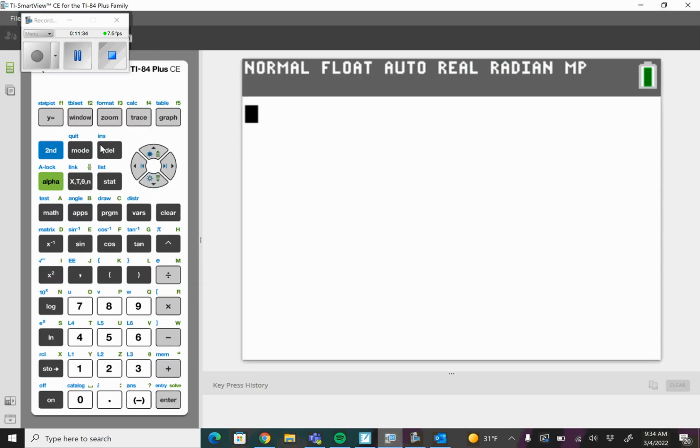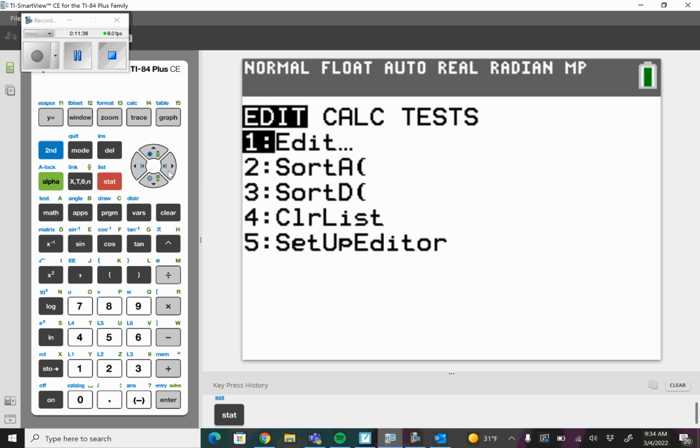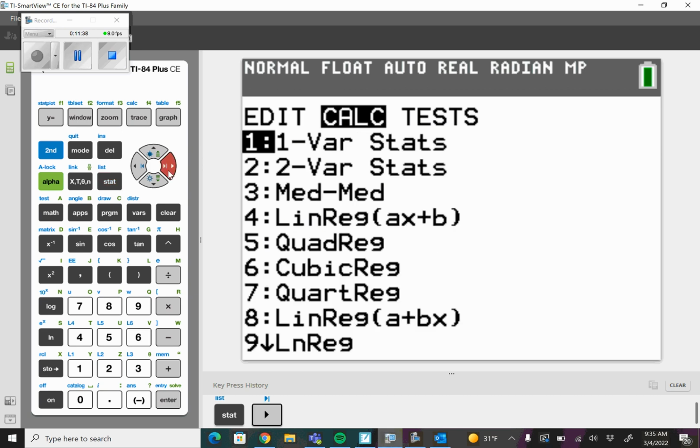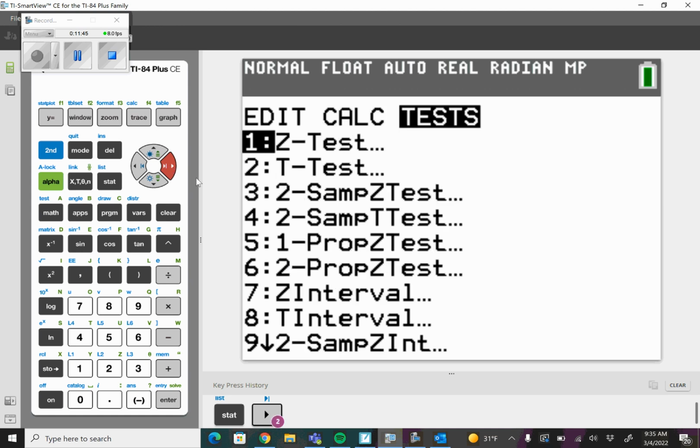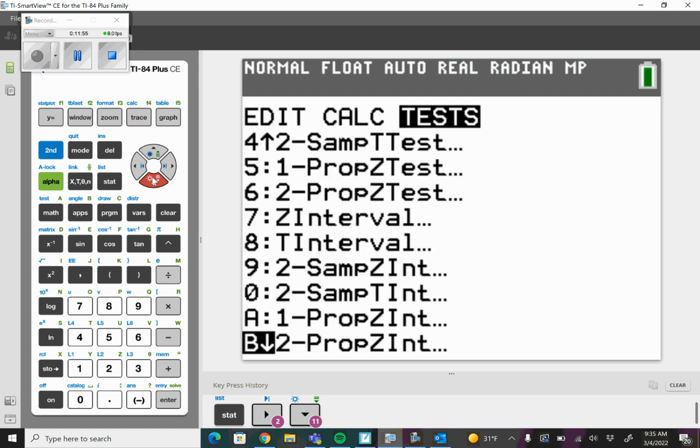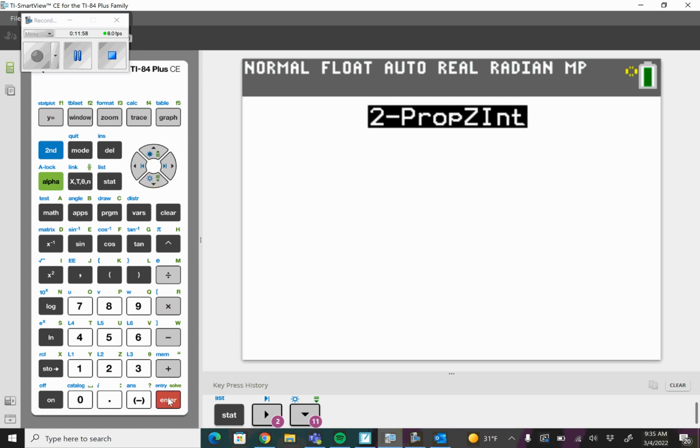I am going to go to Stat, scroll over to Tests. Sorry, I was looking at that like, what? Stat Tests, we are going to use option B, which is the 2 proportion Z interval.